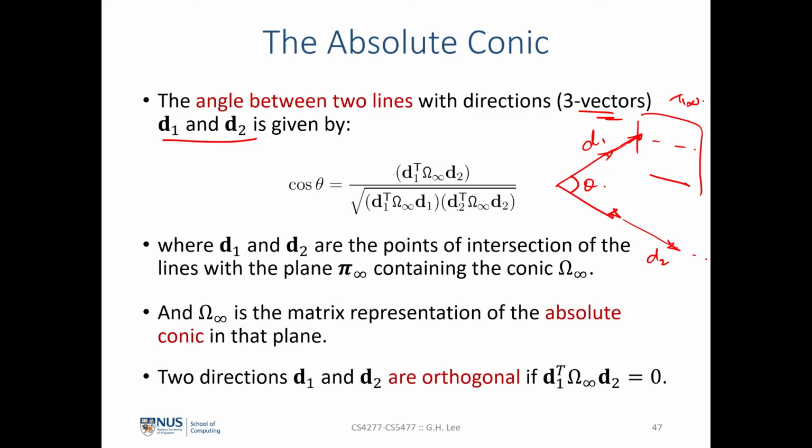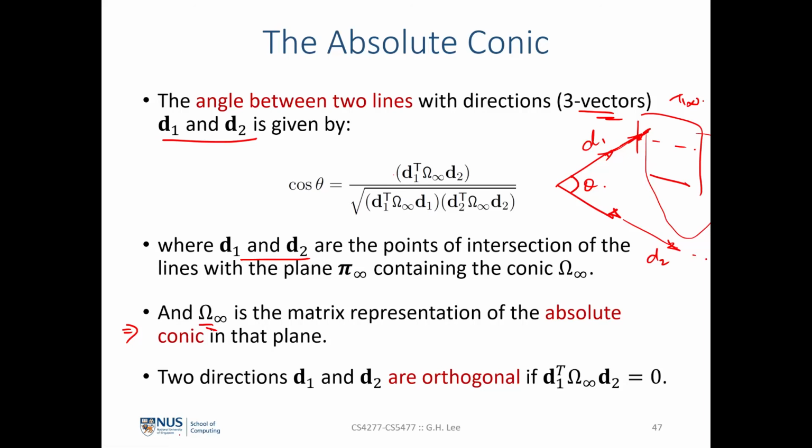this dot product over here, where D1, D2 are ideal points, or the directional vectors that intersect the plane at infinity at the ideal point. And omega infinity here is the matrix representing the absolute conic in that plane. So these two intersections here must intersect at the absolute conics that is contained on the plane at infinity, and omega infinity is that absolute conic in that plane.